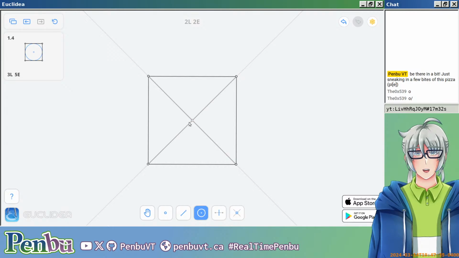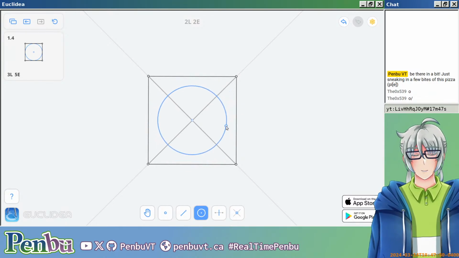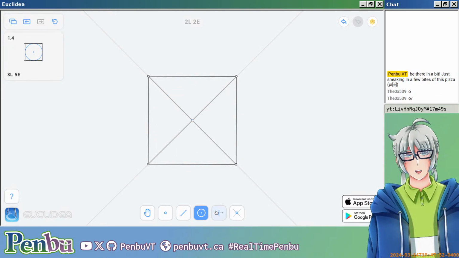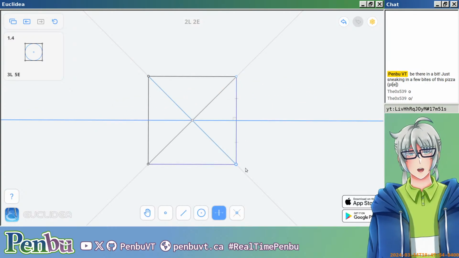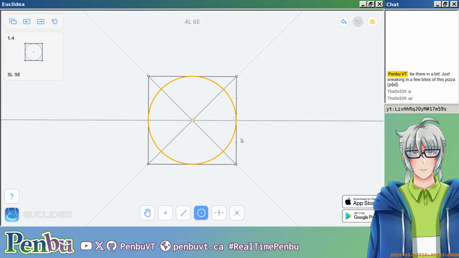And then, well, we need to be exact, so we can't just estimate here. So we need to find the midpoint here. And we can do that by doing one bisector here, and then attaching a circle to that intersection here.